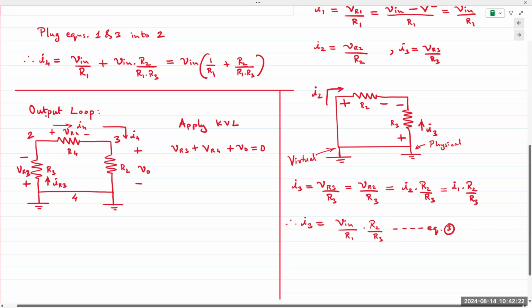There are 3 voltages in the loop, like KVL in any manner that you're familiar with, and you obtain an expression for V out. You can say VO is equal to minus VR3 plus VR4.